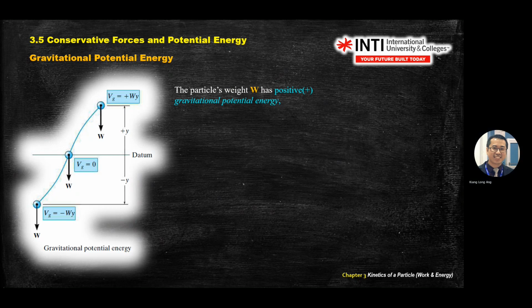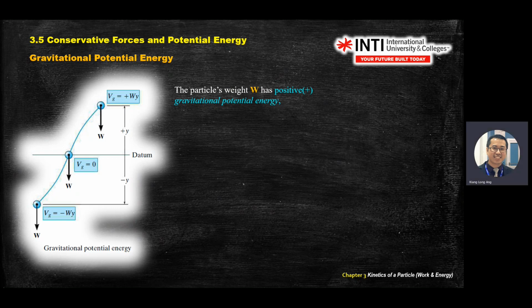When you're given a datum, let's say you look at this diagram, you have 3 points there. Your datum is at the center position. If the object is above the datum, the energy that you get is positive.